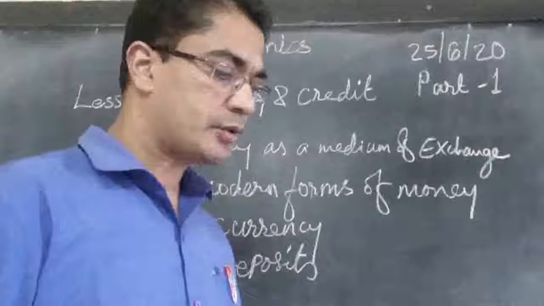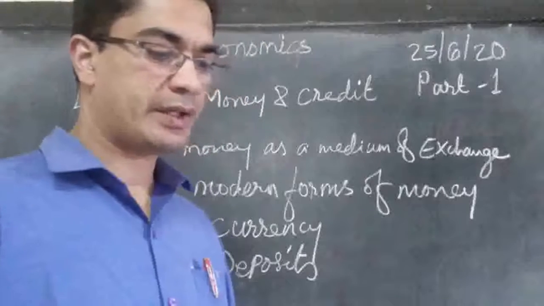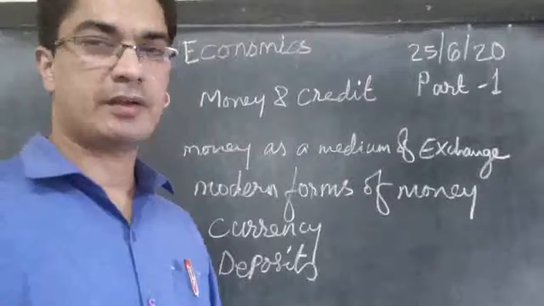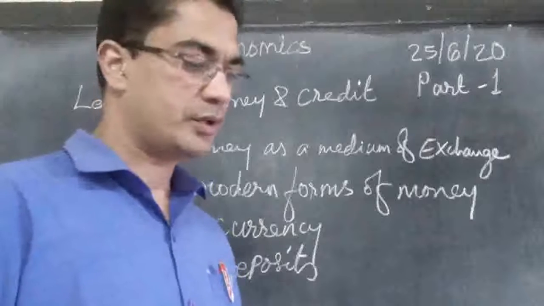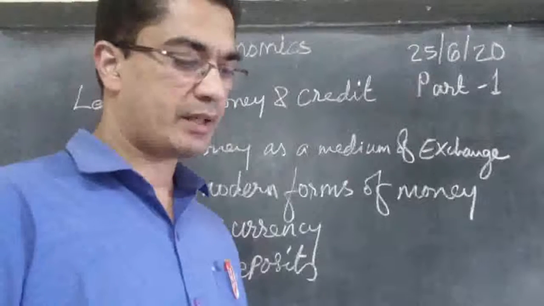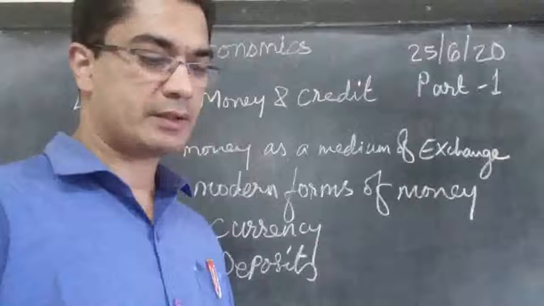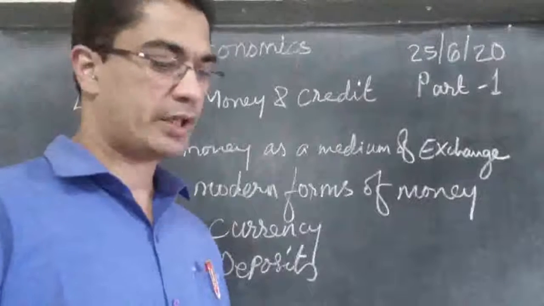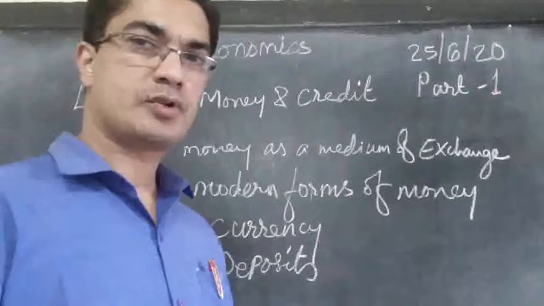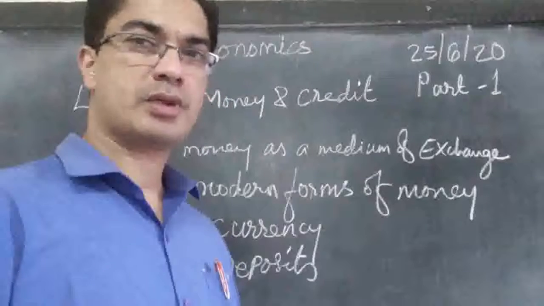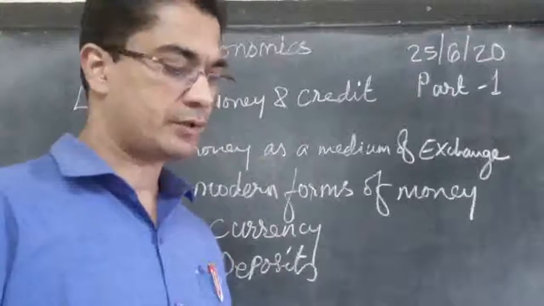Then Salim's balance in his bank account decreases and Prem's balance increases. That is correct. Salim's balance in his bank account increases and Prem's balance decreases. That is not correct. So the correct one is the second one. Salim's balance will decrease and Prem's balance will increase.